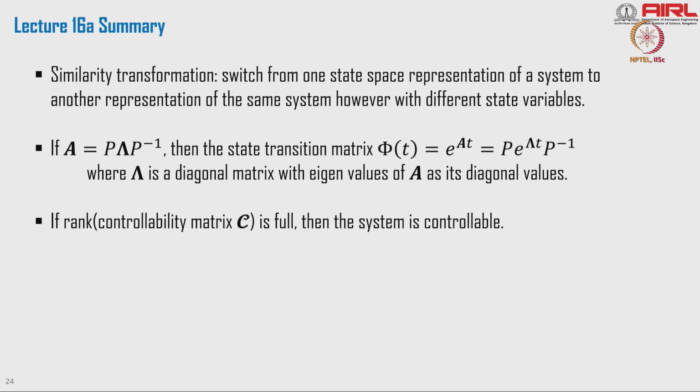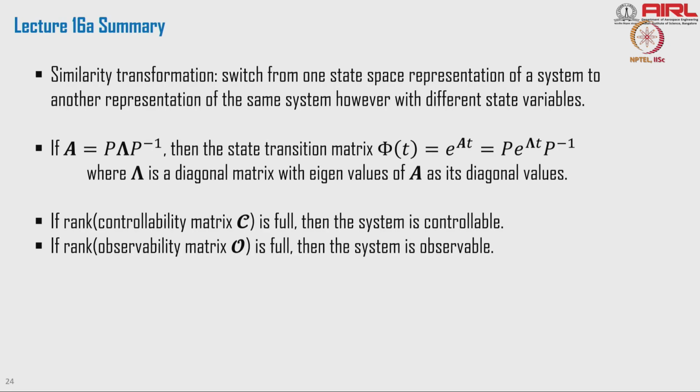And then we used the property of the controllability matrix to do the controllability test, where if the rank of controllability matrix C is full, then the system is controllable, and similarly if the rank of the observability matrix is full, then the system is observable.